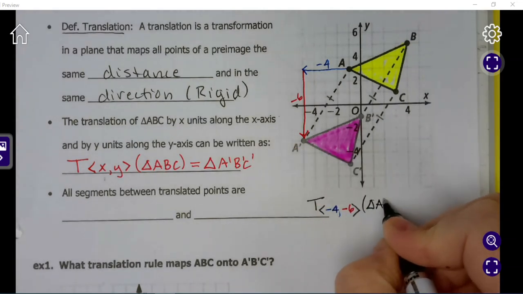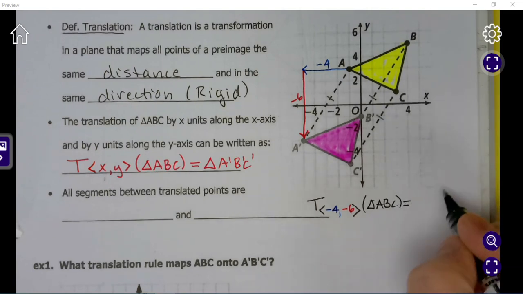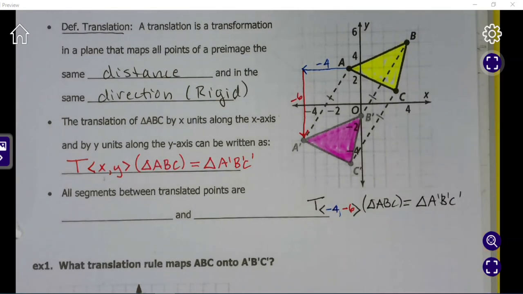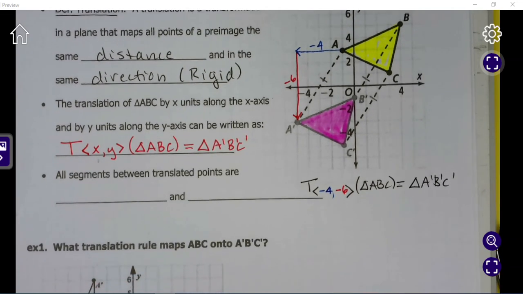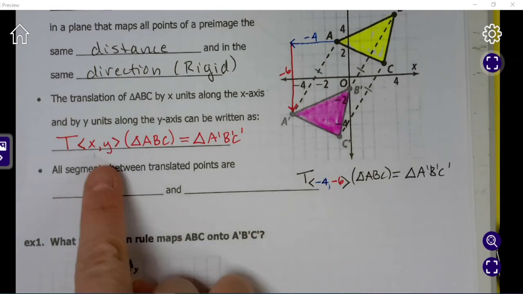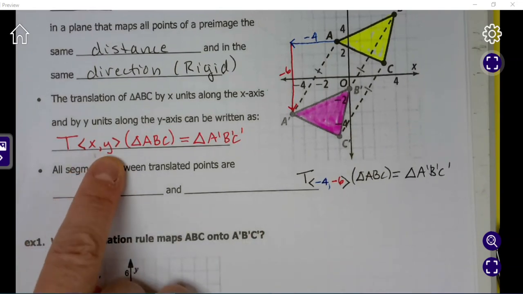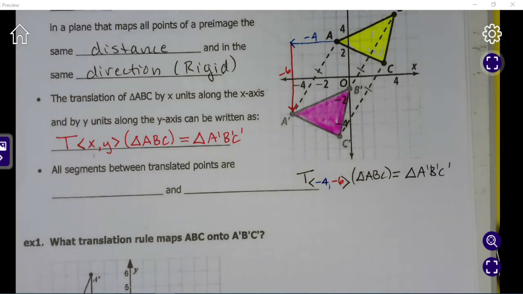It's triangle ABC, which is now mapped to become triangle A prime, B prime, C prime. So you just fill in how far left or right, how far up or down, and you've got it.